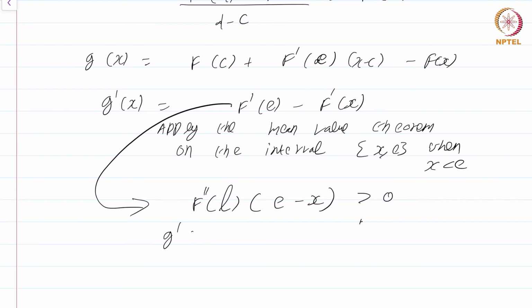Okay, so this is greater than 0. What we have concluded is that g'(x) is greater than 0 on the interval (c, e). X could have been any point in the interval (c, e), and we could have applied this argument to conclude that g'(x) is greater than 0 here.